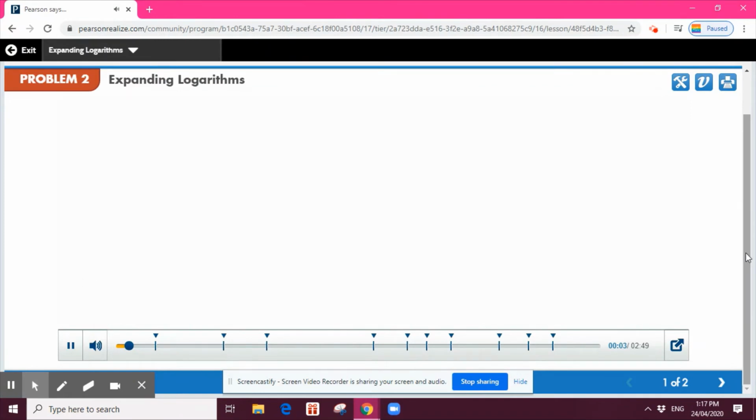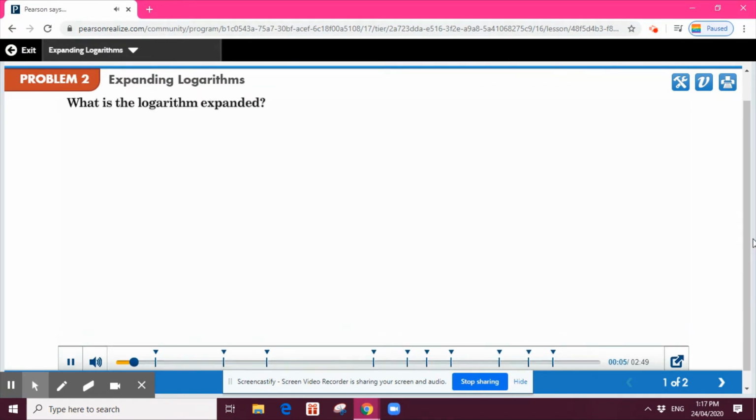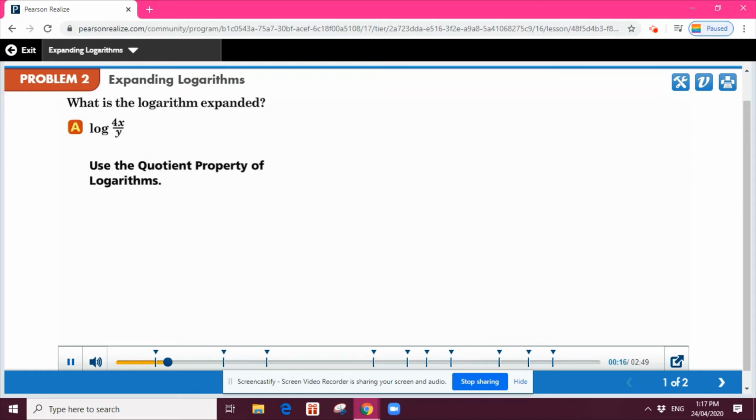Expand logarithms. What is the logarithm expanded? Part A. The first logarithm is log of 4 times x divided by y. Use the quotient property of logarithms to rewrite the expression.